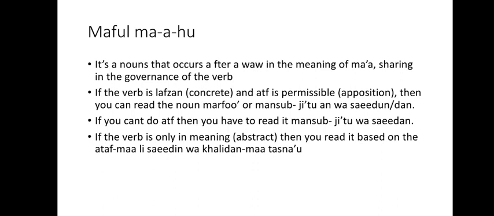Ja'a is the verb, which means to arrive or to come, and al bardu is the ismu fa'il, the subject, which means coldness. So coldness arrived, and the waw here means "and" or "with," and it's occurring after a noun preceded by a verb. So now it gives us a hint that the next word could possibly be a mansub, and we have the word jubbati, which just means jackets.